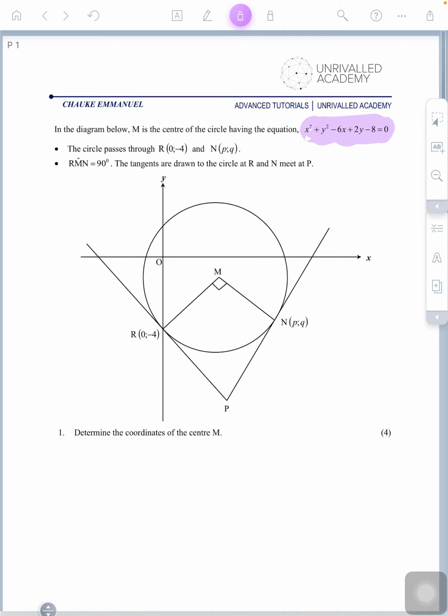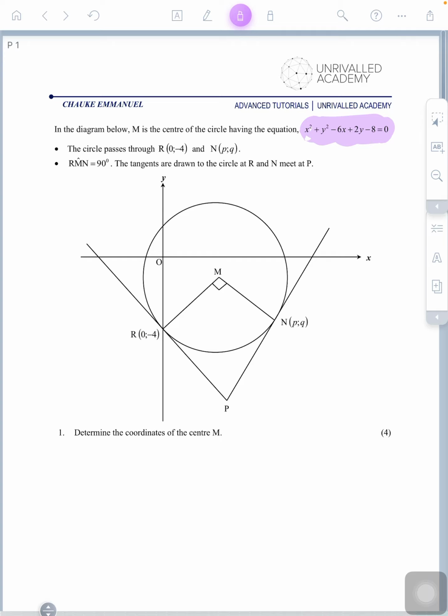So what I will then do is I'll try and write that into that format whereby I have to get the coordinates of the circle center. Of course, it must be in standard form.